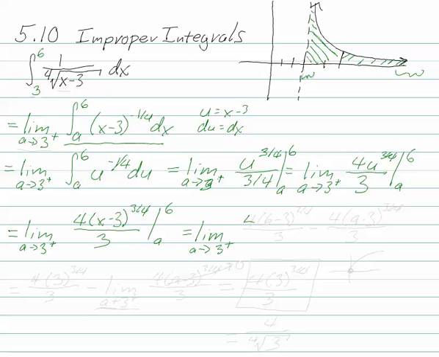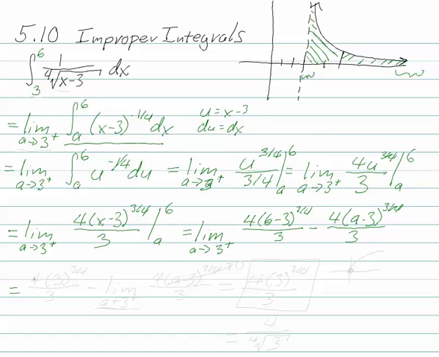So we've got 4 times (6 minus 3) to the 3/4 over 3, minus 4 times (a minus 3) to the 3/4 over 3. When you simplify the left term, you get an ugly number, but it is an exact number, so we don't need to rewrite that.